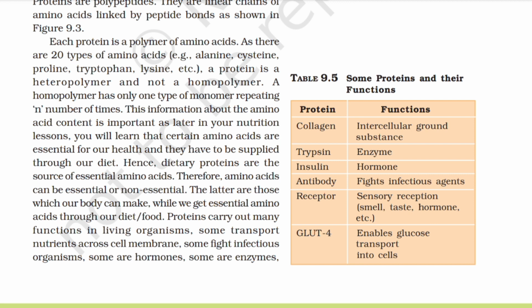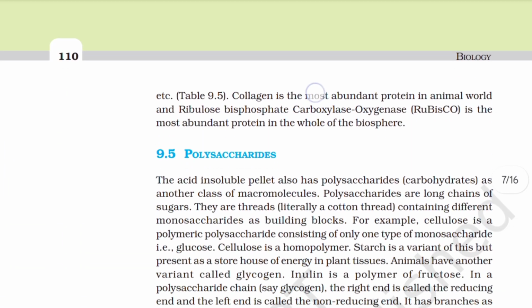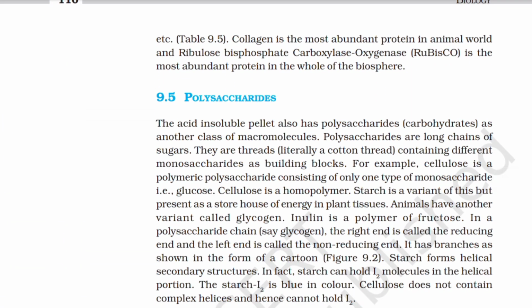Collagen, intercellular ground substance; trypsin, enzyme; insulin, hormone; antibody, fights infectious agents; receptor, sensory reception, smell, taste, hormone, etc.; GLUT4 enables glucose transport into cells, etc. Collagen is the most abundant protein in the animal world, and ribulose bisphosphate carboxylase oxygenase, RuBisCO, is the most abundant protein in the whole of the biosphere.